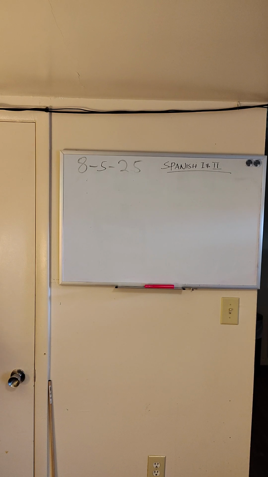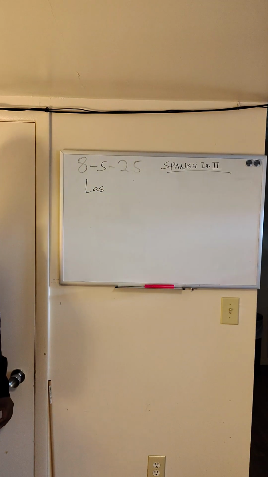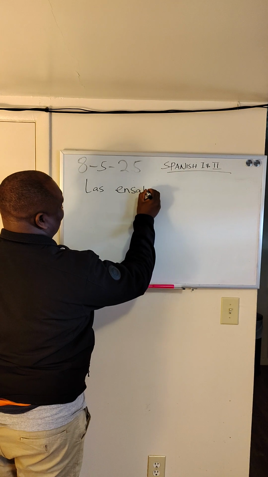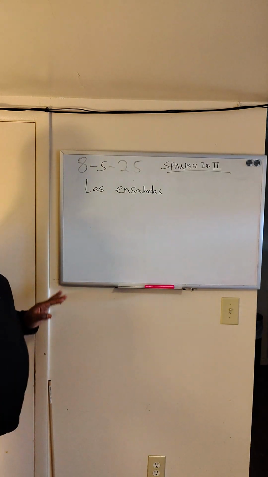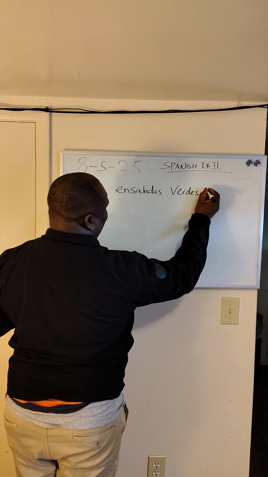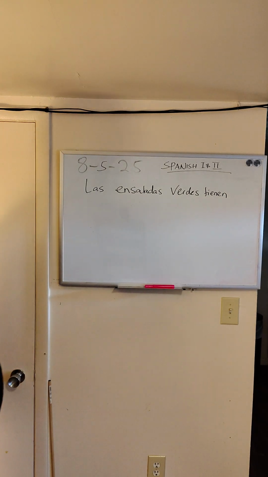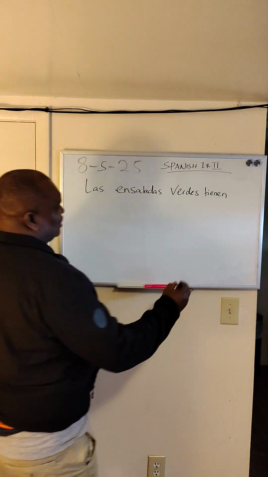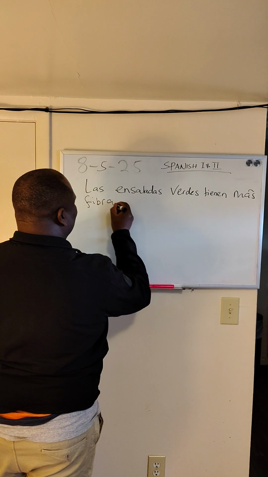Las ensaladas verdes tienen más fibra que los huevos duros.